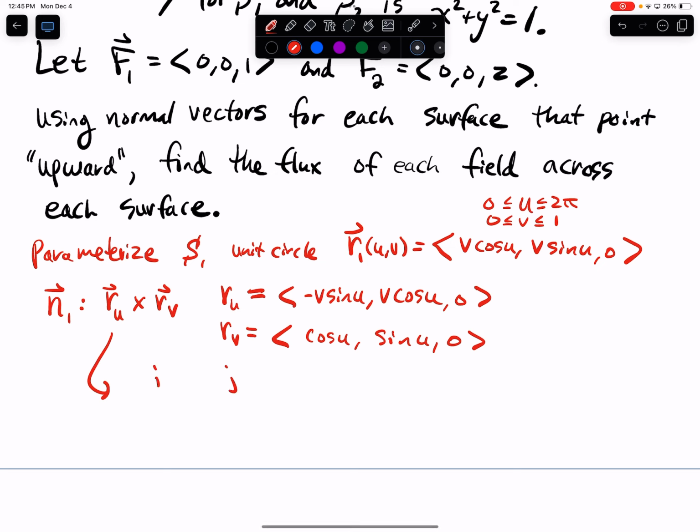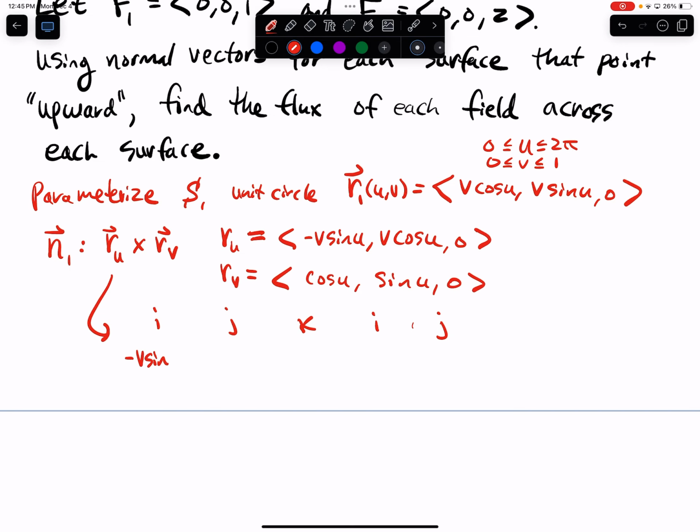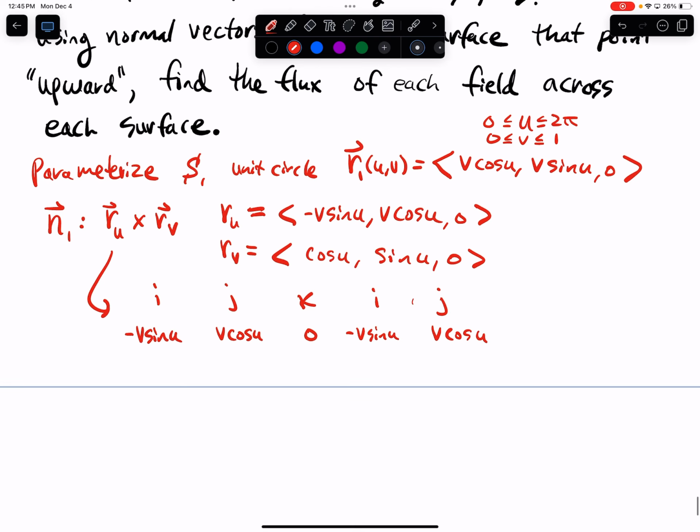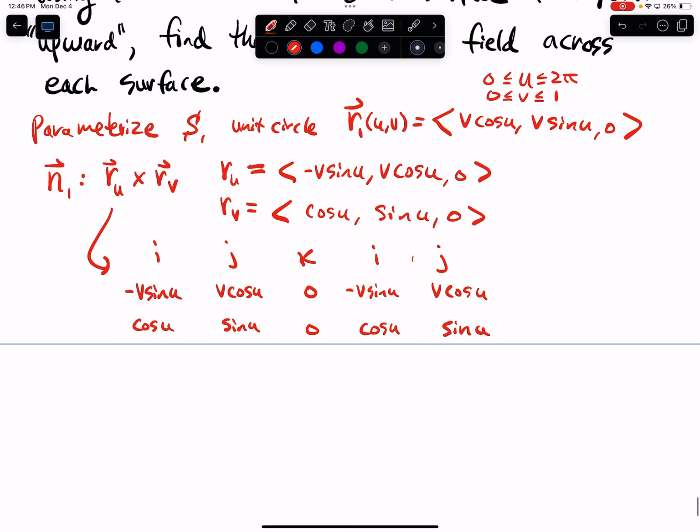So i, j, k; negative v sine u, v cosine u, 0; cosine u, sine u, 0. Multiply.